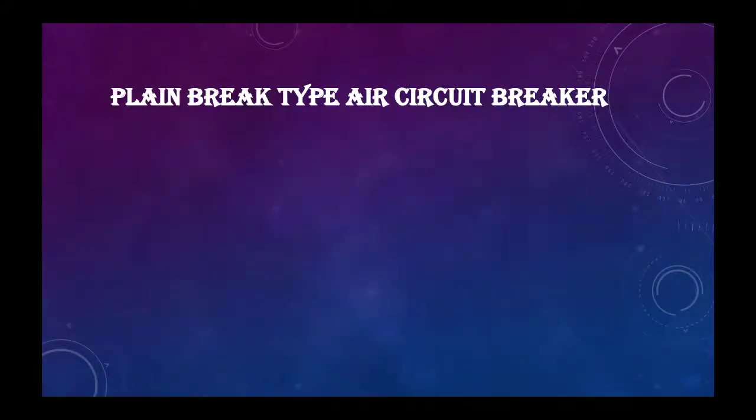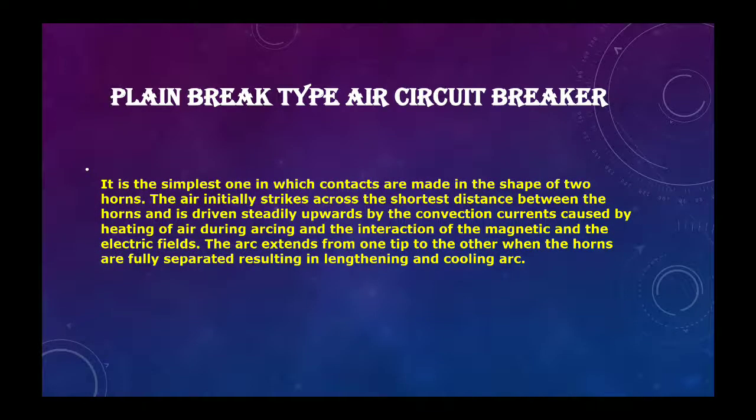The air circuit breaker can be classified into 3 categories. The first one is the plain break type air circuit breaker. It is the simplest one, in which contacts are made in the shape of 2 horns.